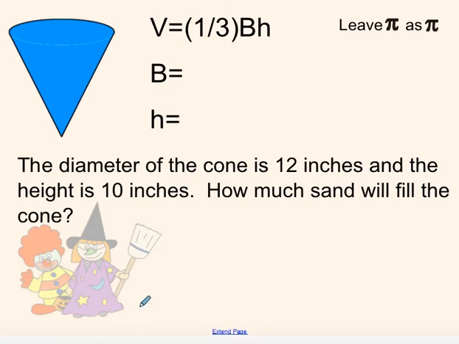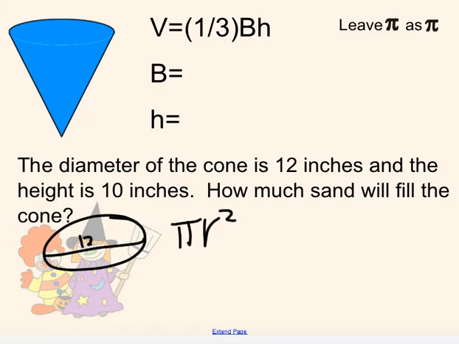The area of a base, if we are given that the diameter is 12 and the height is 10. Well, this is a circle as our base, so we do pi r squared. But in this case, we're given the diameter, so we need to think about the radius of the circle. If the diameter is 12, then the radius is 6. So we would say we have pi times 6 squared. So we get 36 pi.